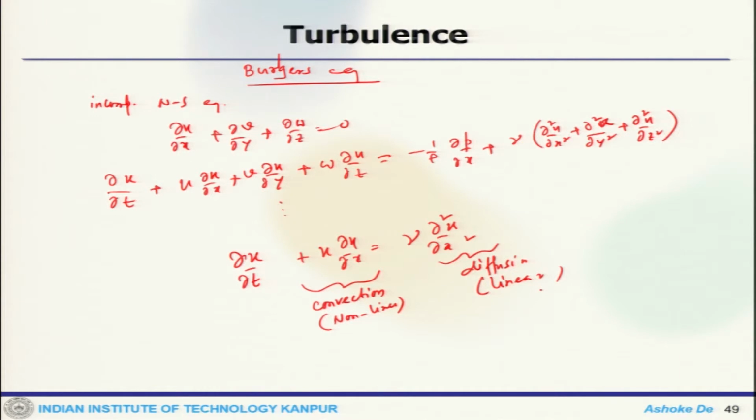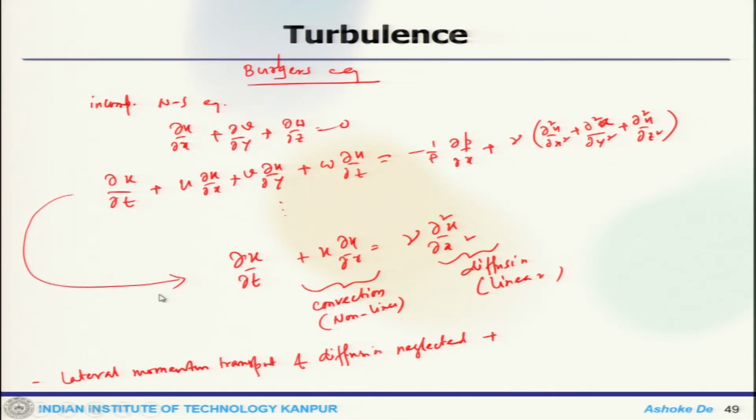The lateral momentum transport and diffusion are both neglected. So, from the x momentum equation, it retains the unsteady term, then the convection term, and the terms corresponding to lateral momentum transport and diffusion are neglected, as well as the pressure gradient.